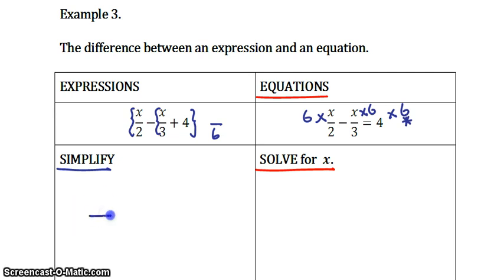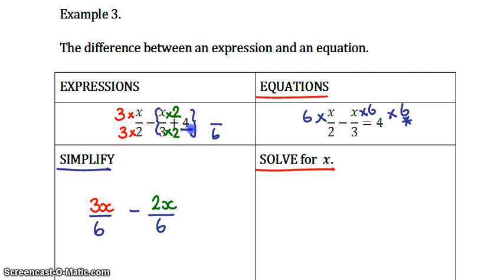So if I want to rewrite x over 2 as a fraction over 6, I can say to myself, right, I can multiply the bottom by 3 as long as I multiply the top by 3, because then effectively I'm not changing the meaning of my fraction. I can multiply the denominator 3 by 2, and I multiply the top by 2, then I'm not changing the meaning of my fraction.